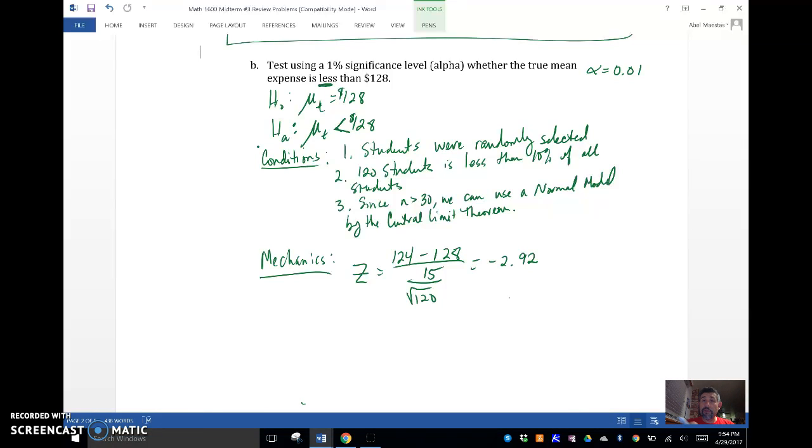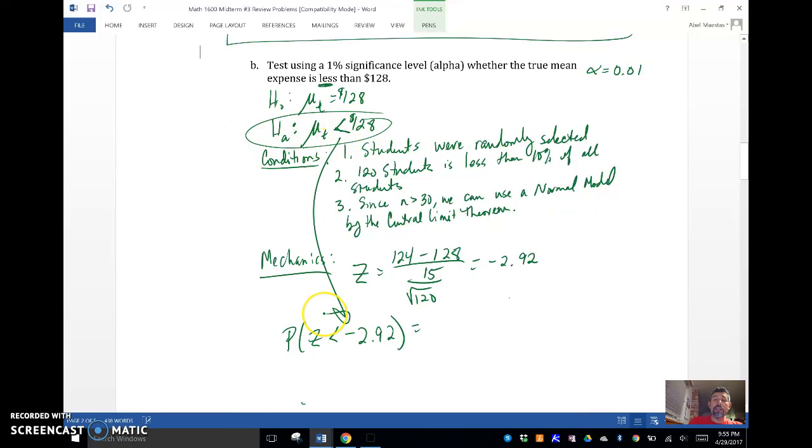We're going to use the z formula, x bar minus mu over s over root n, and you saw that on the first problem that I did in this video. So we're going to get our z-score, which in this case is negative 2.92, and we're going to find the probability that our z is less than that, because we're looking at a less than, so that's where I get that inequality from.